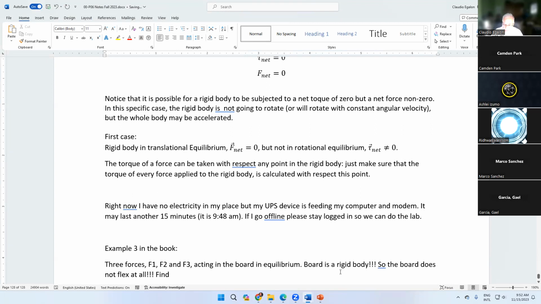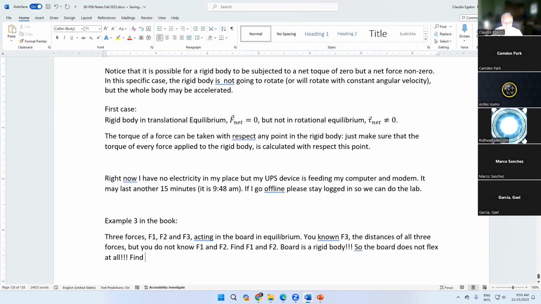You know F3, you know the distances of all three forces, but you do not know F1 and F2. Find F1 and F2. The board is a rigid body, so the board does not flex at all. Okay, solution?